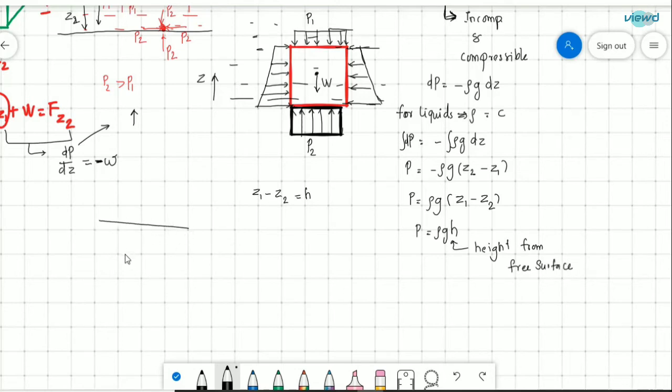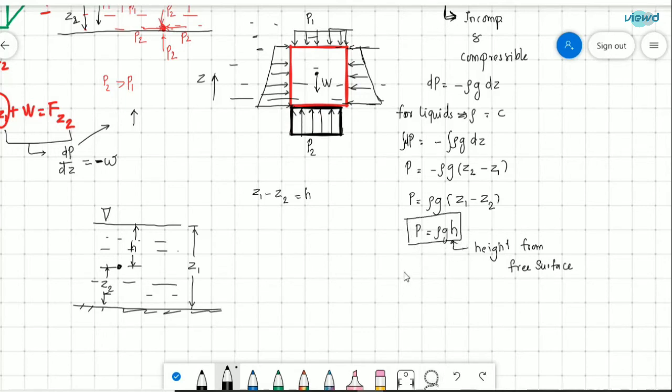If this is the fluid, and we have considered a point here, and this is the rigid surface on which the fluid is resting, this is z2, this is z1, and this is h. This is the free surface of the fluid. So P is equal to rho g h.